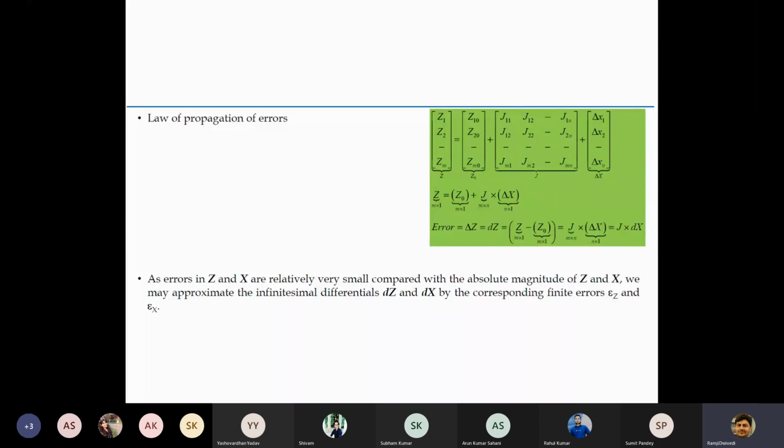Let me also very clearly tell you that z minus z0 is very small. The reason is very simple. The function's initial value is chosen such that it would look like the final solution. If you do not have any idea, you can go ahead with 0, 0, 0, 0.